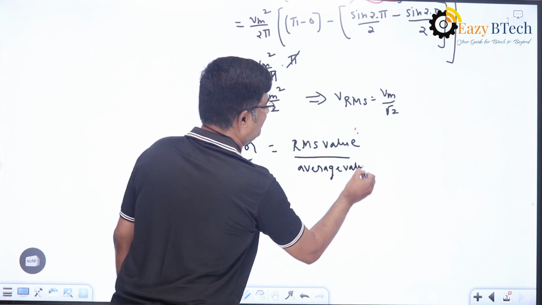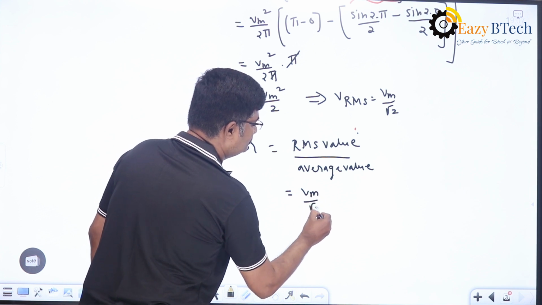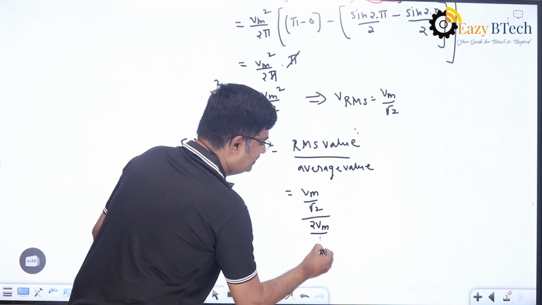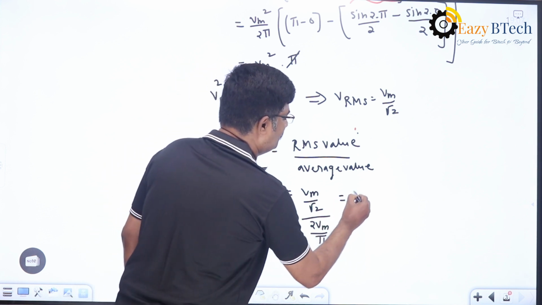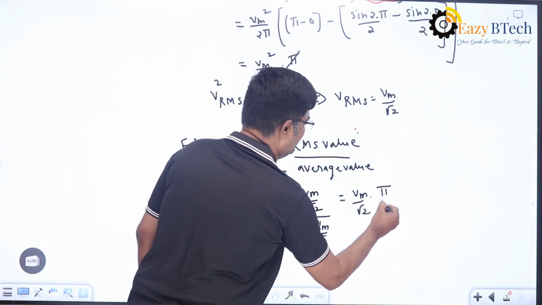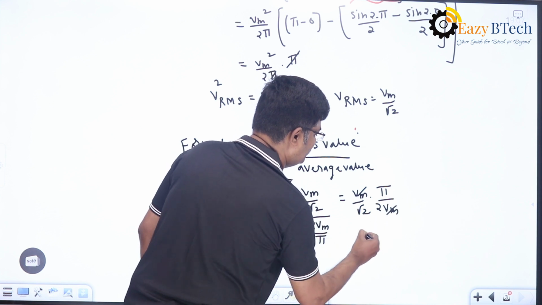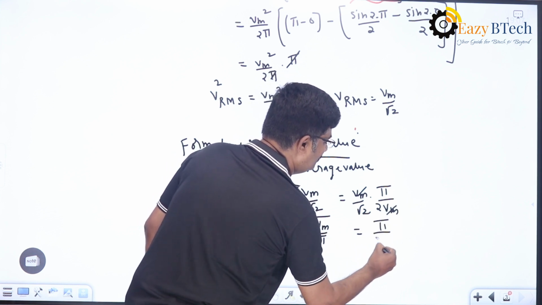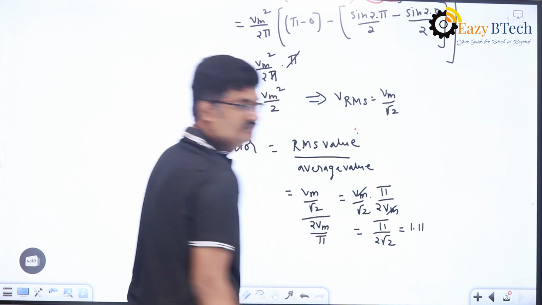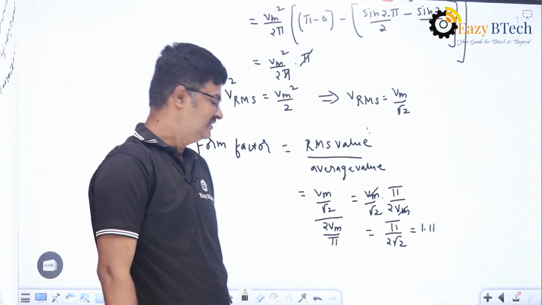My RMS value is Vm by root 2 divided by average value, which is 2 Vm by pi, which is equal to Vm by root 2 into pi by 2 Vm. Vm will be cancelled. So simply I will be having pi by 2 root 2, which is equal to 1.11. So this is how we will be finding the form factor of a full rectified sine wave.